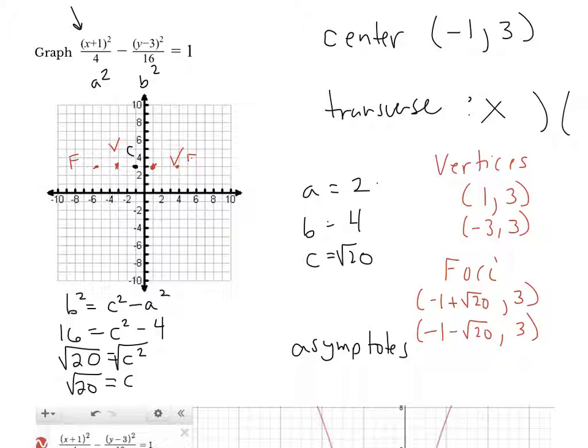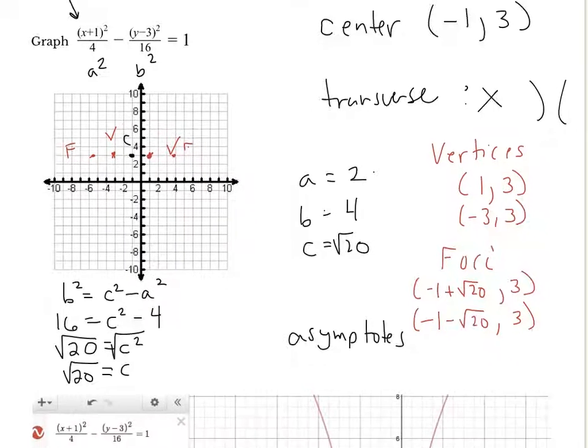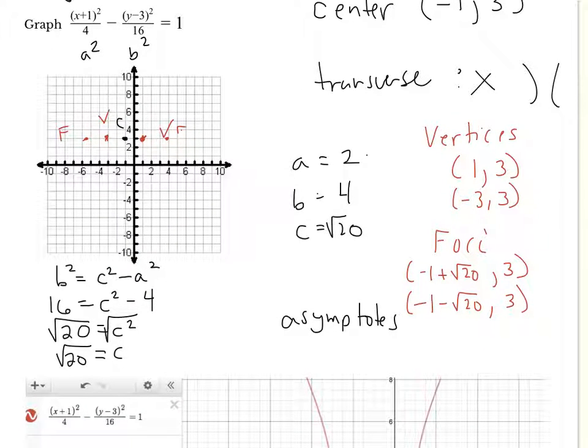The last thing I have to do is find my asymptotes. Well, the asymptotes for one that is going left and right, transverse on the x, is, remember, b over a. So it's y equals plus or minus b over a, so that's 4 over 2 times x.